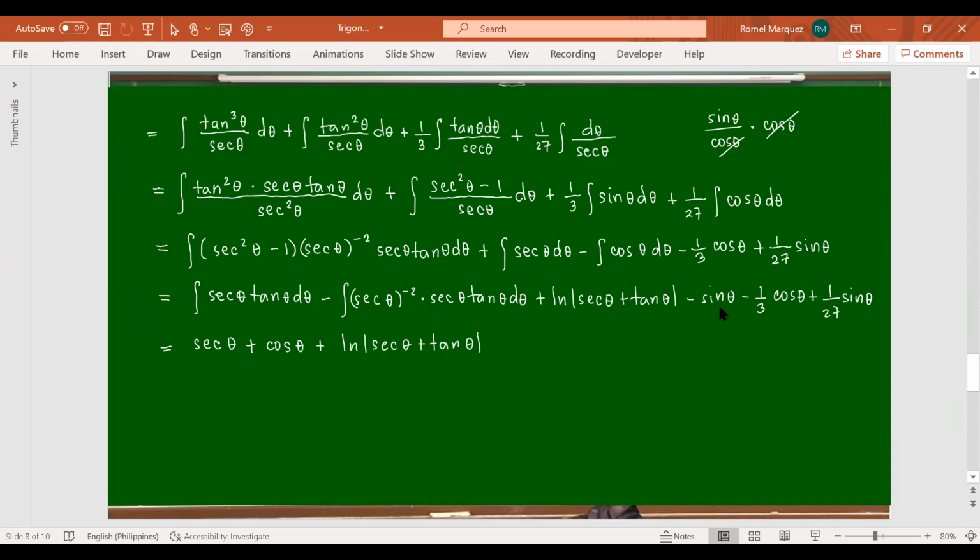Then minus sine theta plus 1 over 27 of times sine theta. What is that? So 27 over 27, so negative 26. Tama ba? Negative 26 over 27 sine theta minus 1/3 cosine theta.